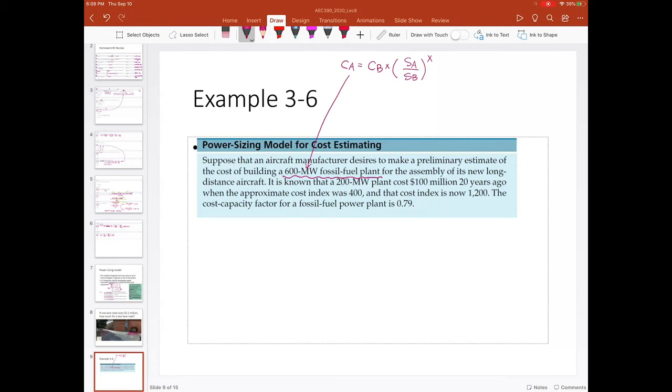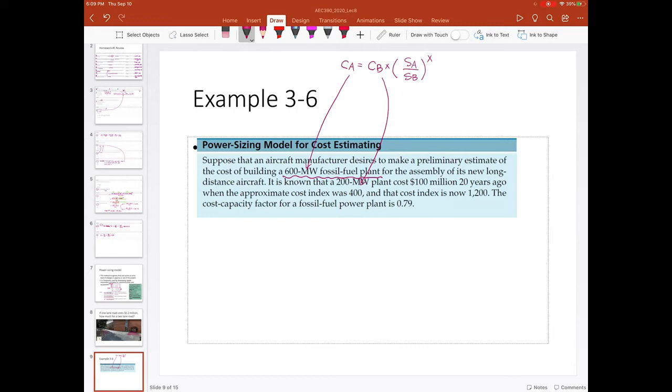So CA is for this new plant, and CB is the known or given plant cost, which is related to this smaller plant, the 200 MW plant.